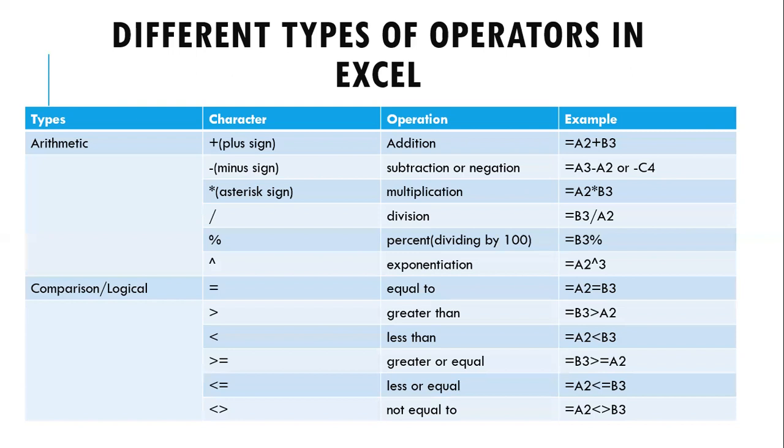For greater than, maybe B3 greater than A2. For less than, maybe A2 less than B3. Greater or equal, for example, B3 greater or equal to A2. So all these you get the results when you just enter these kinds of formulas.